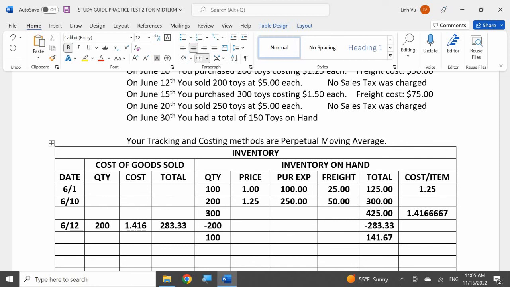Which again is going to give you a cost per item of 1.4166 or 67 in this case. Okay.